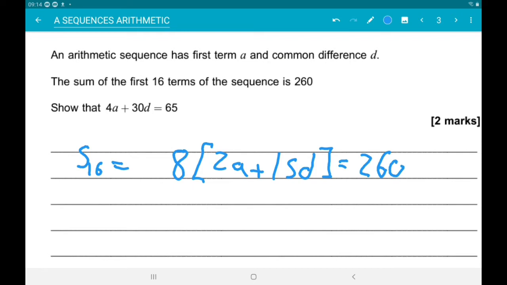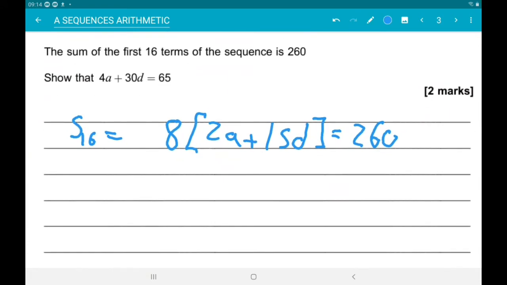Alright, so at this point, both sides have a common factor of 4.